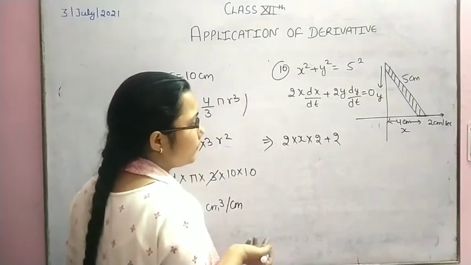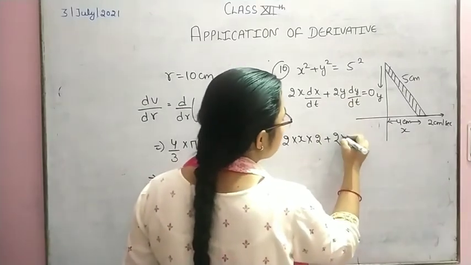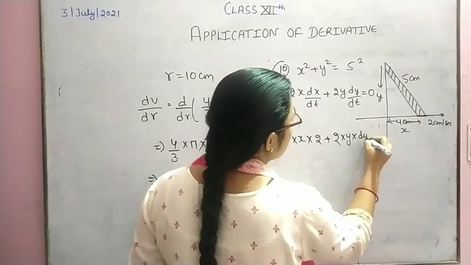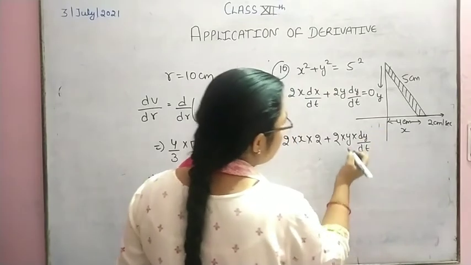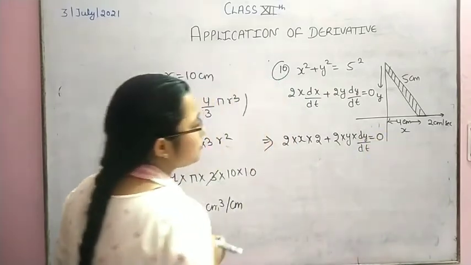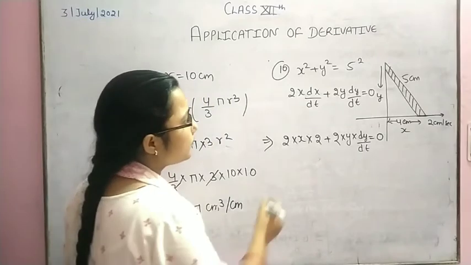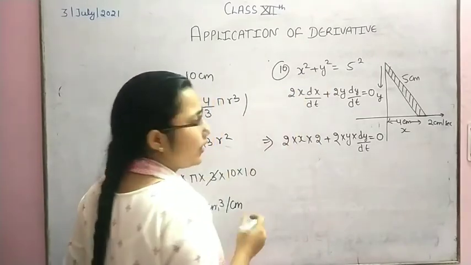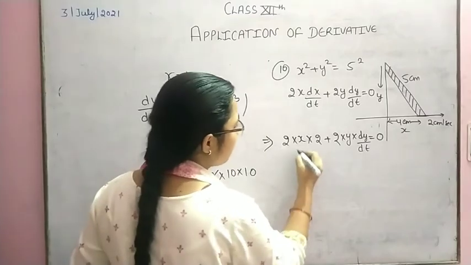We have to find the value of y, and in the question we have to find dy by dt overall. So the value of x is 4 centimeter. Now putting the value of x here, we find the value of y.